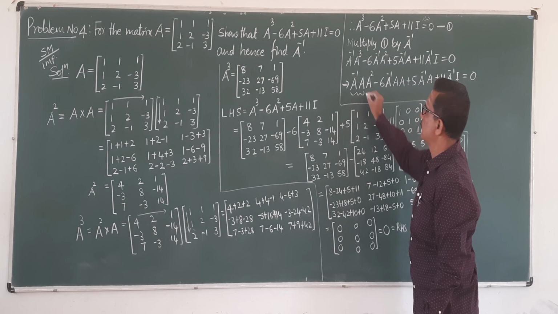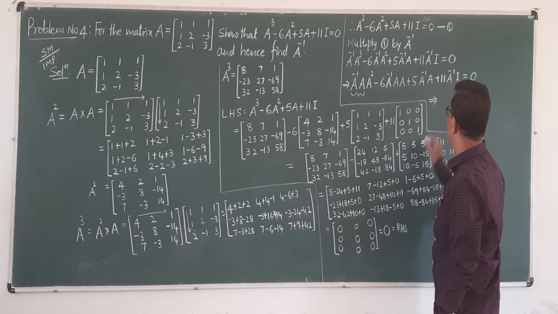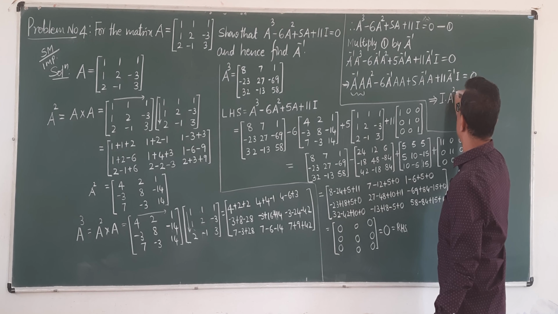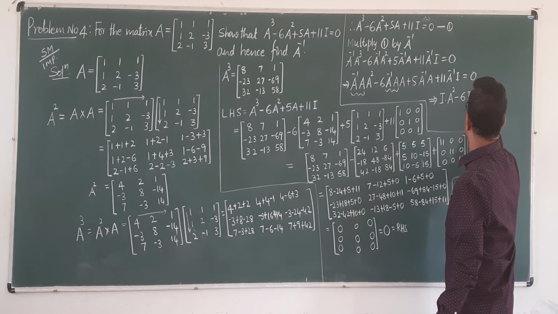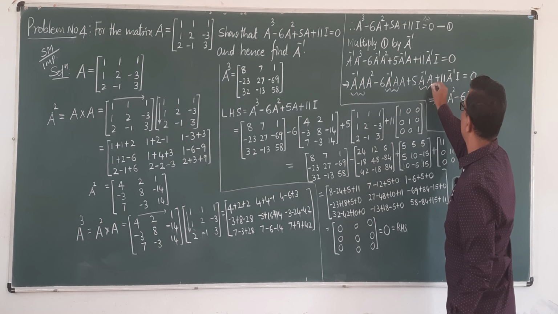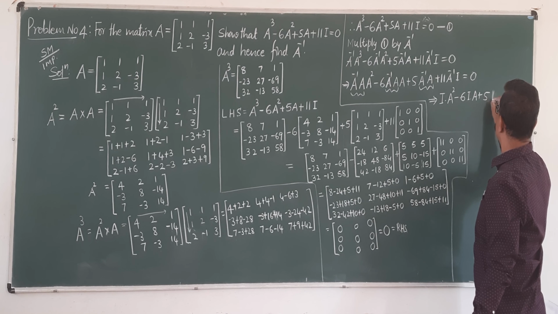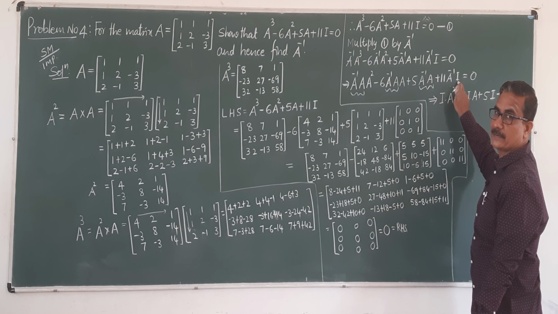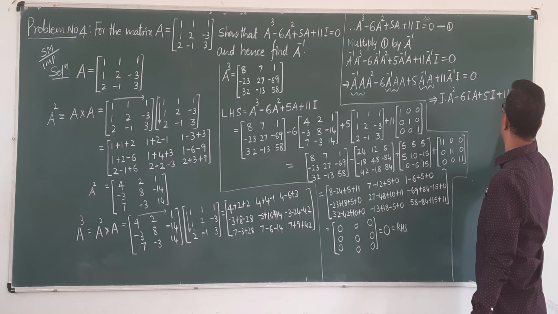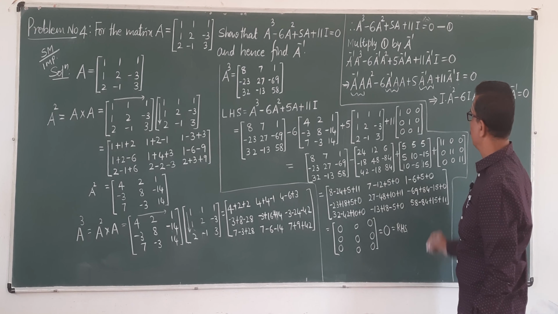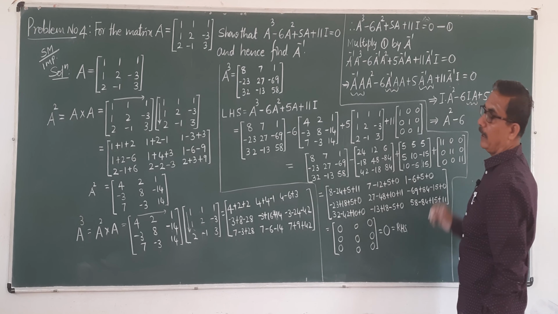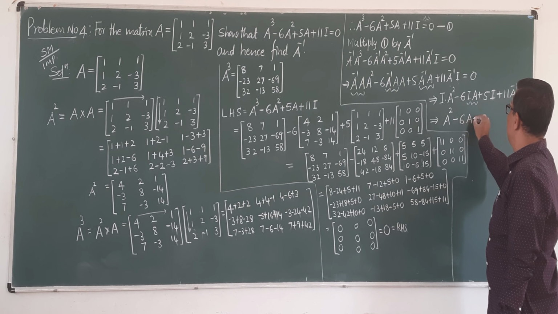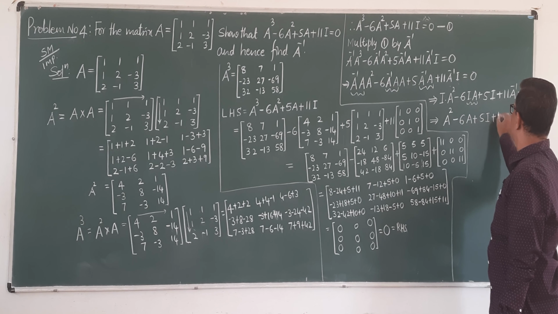Using the definition of inverse matrix, A inverse into A is I, so I into A square minus 6 I into A plus 5I plus 11 A inverse, where I is the unit matrix, is equal to 0.